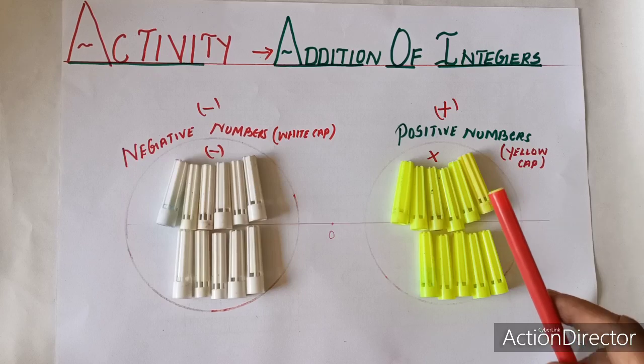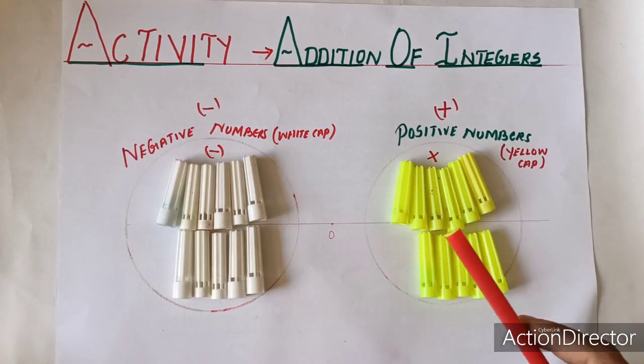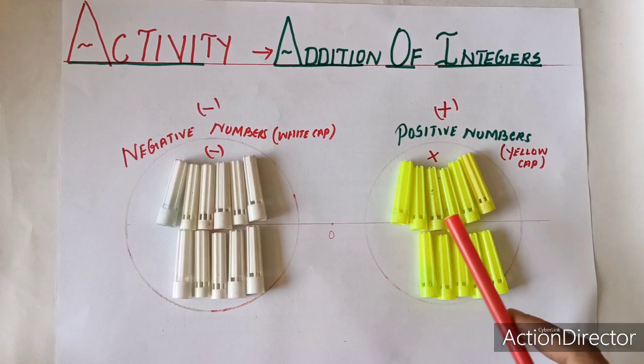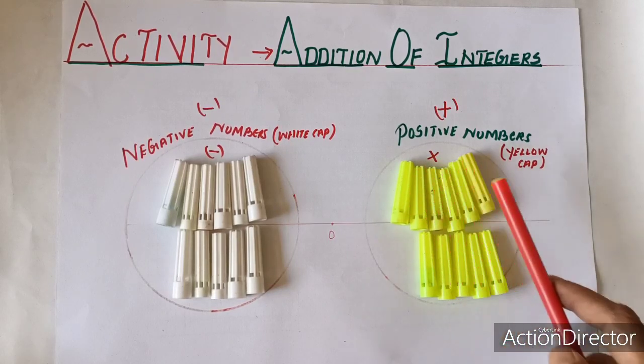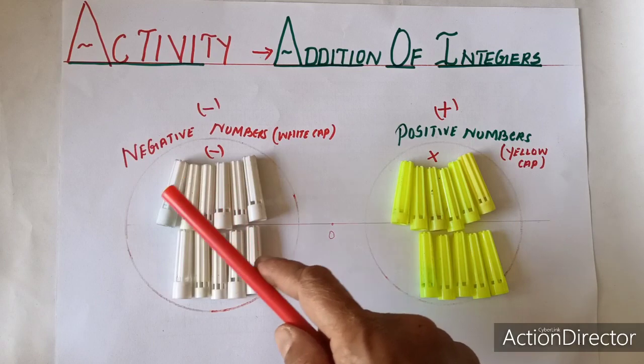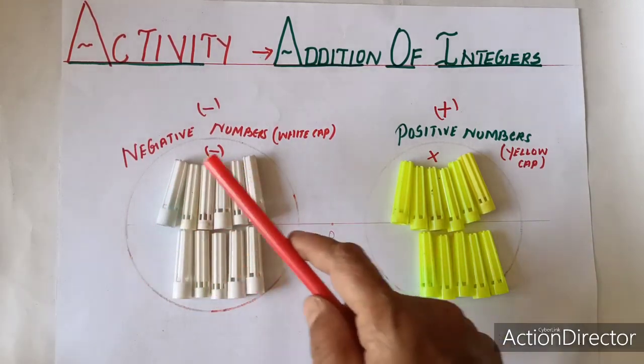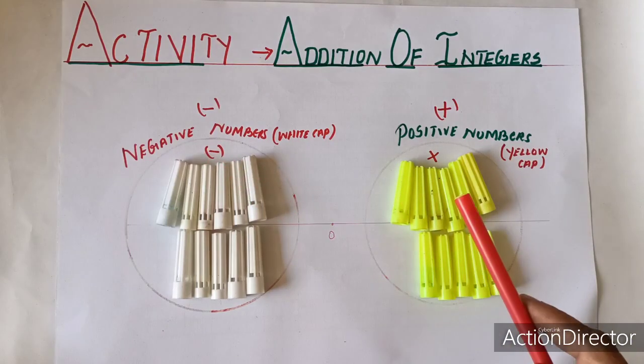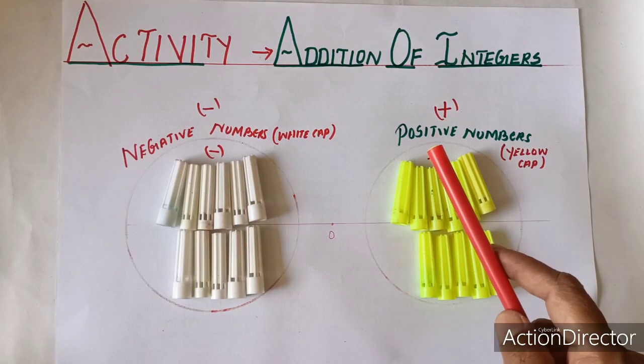Before starting this activity, I want to say a few things. These are all positive integers. I use this yellow cap to denote the sign of the positive numbers, and this white cap to show you the sign of the negative numbers. White means negative, yellow means positive.